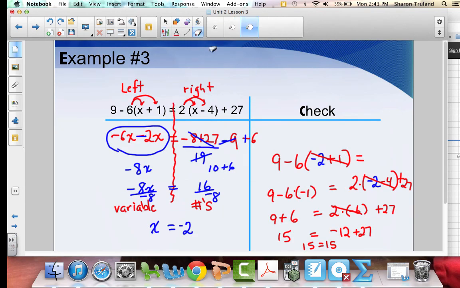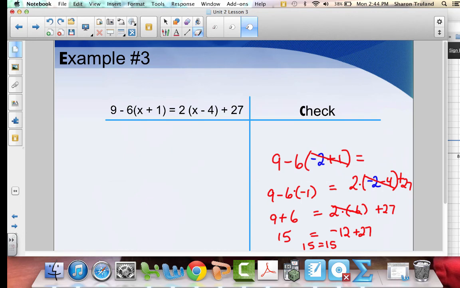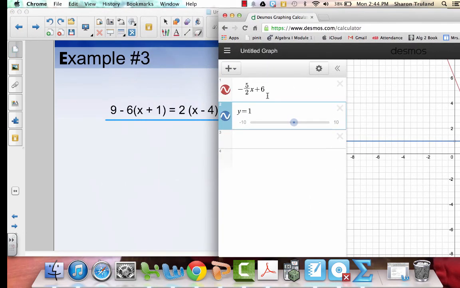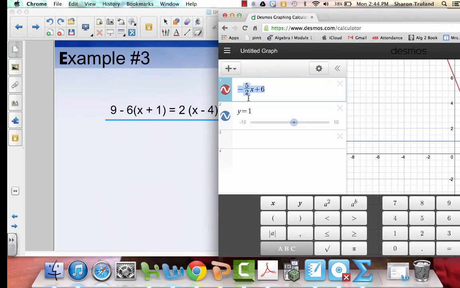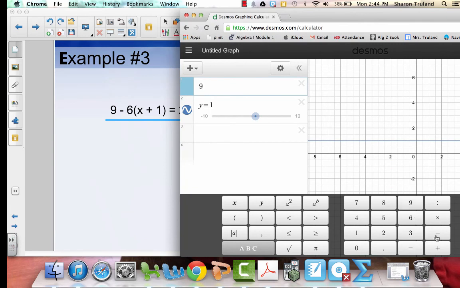And I can do the same thing right here. I'm going to clean up this page just a little bit. And I'm going to type this in. Type one side in. And that is the side 9 minus 6, parentheses, x plus 1.